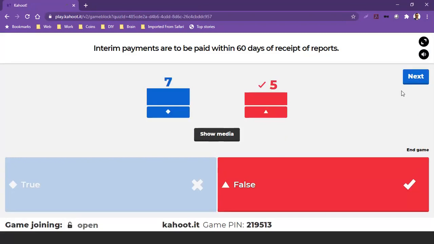So the Commission has 90 days to pass you the monies after you submit your report. So that's 90 days, not 60. 60 days is the time you have to submit your own reporting. Okay, I hope that's clear. If not, please ask us to clarify this in the question and answer part.